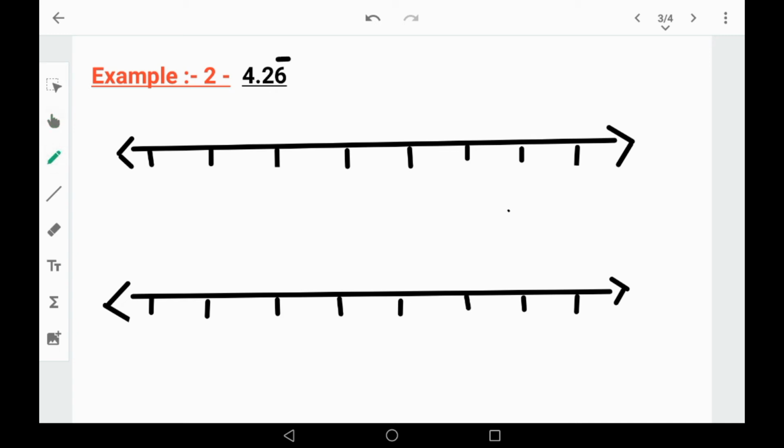As I said, I have to see the first digit, that is 4. I have to mark it as 0, 1, 2, 3, 4, 5, 6, 7. As the first digit is 4, I will mark 4 over here.